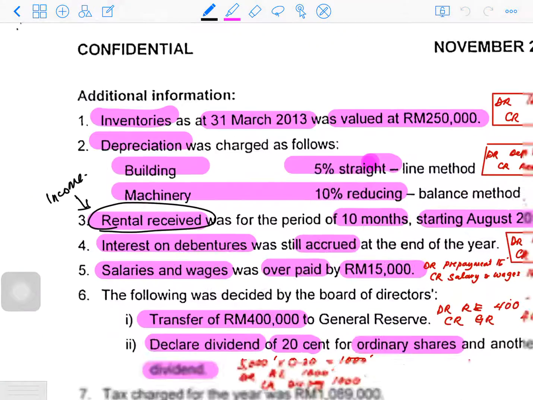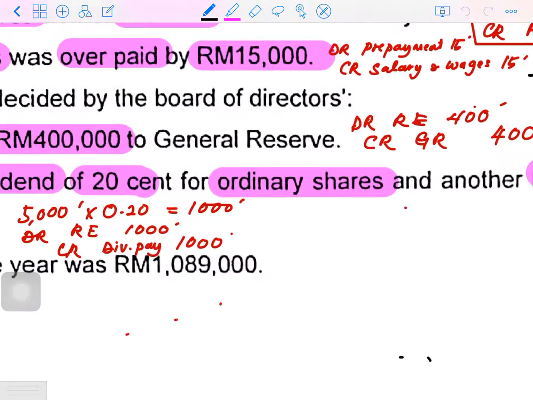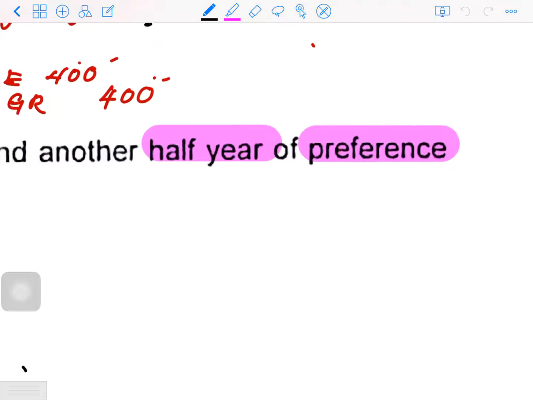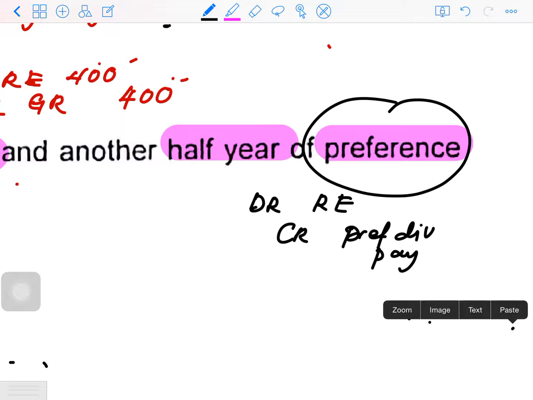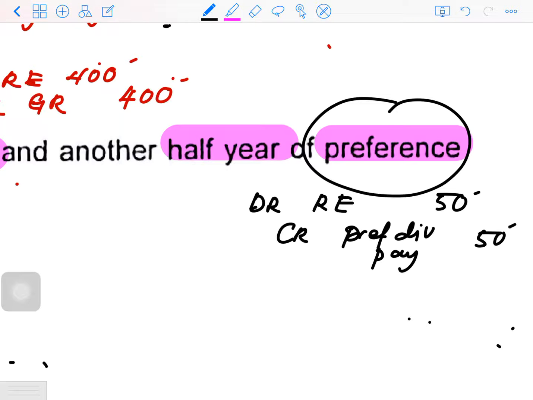To do this adjustment for preference dividend, debit retained earnings and credit preference dividend payable, which is another half, 50,000.